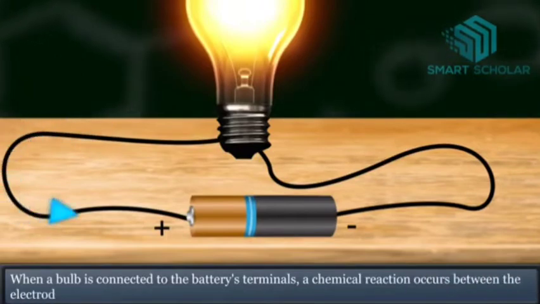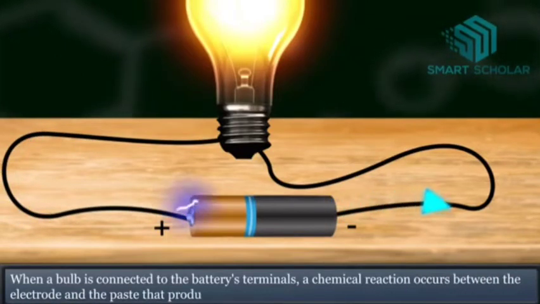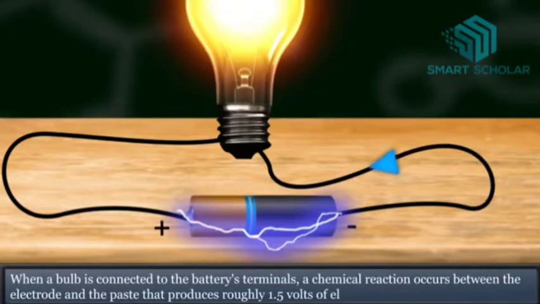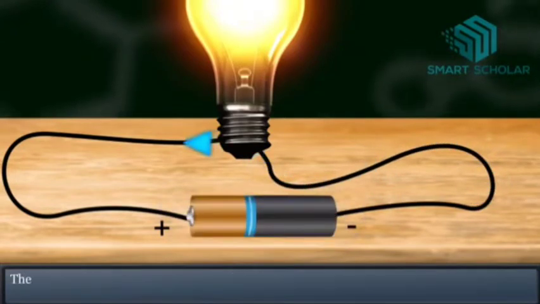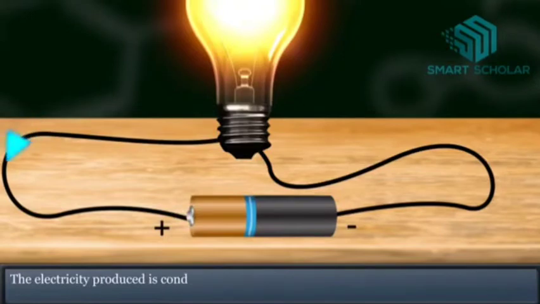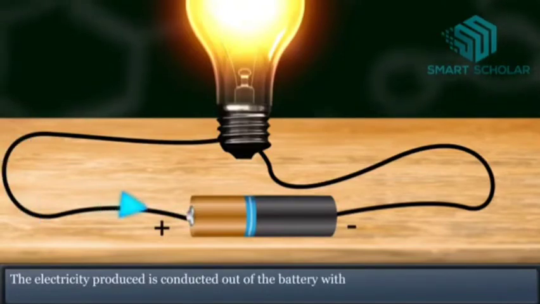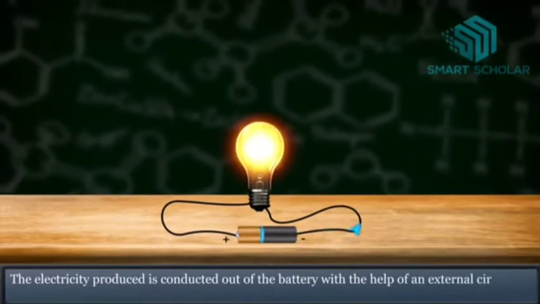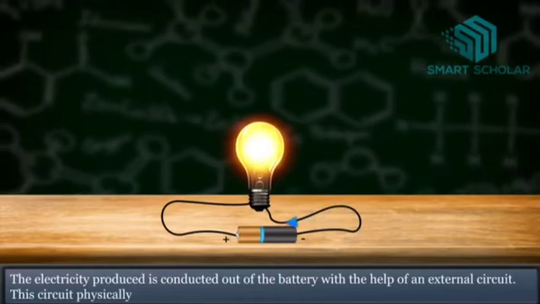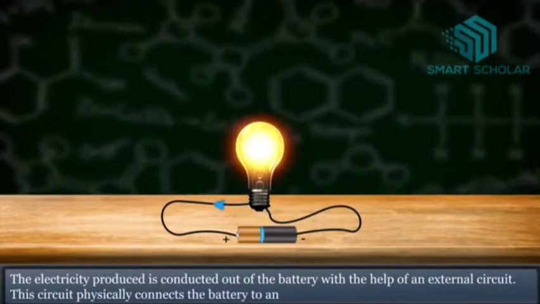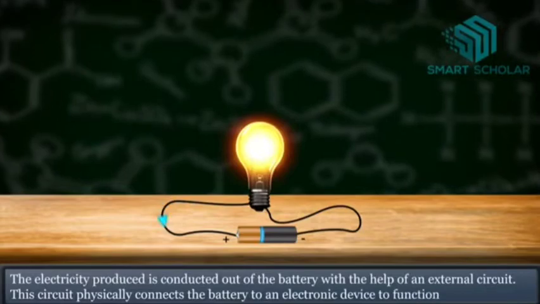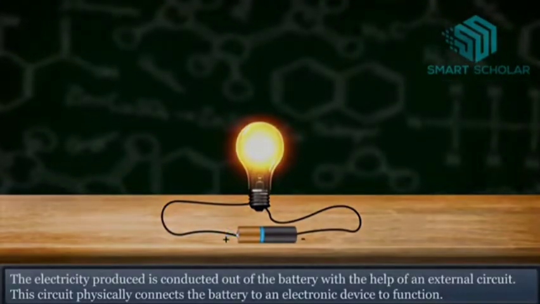When a bulb is connected to the battery's terminals, a chemical reaction occurs between the electrode and the paste that produces roughly 1.5 volts of electricity. The electricity produced is conducted out of the battery with the help of an external circuit.